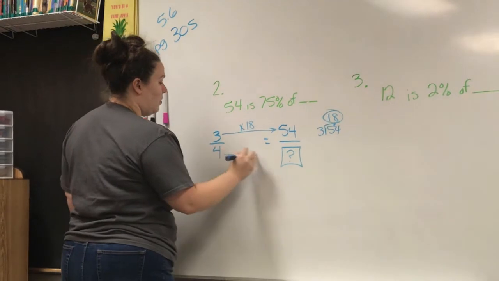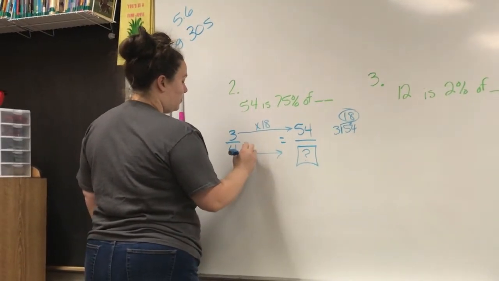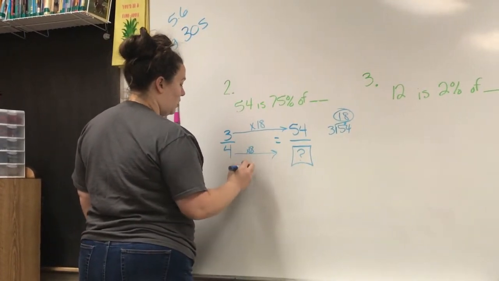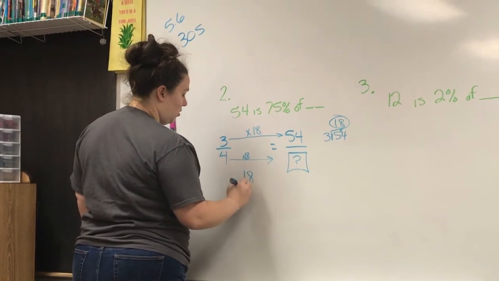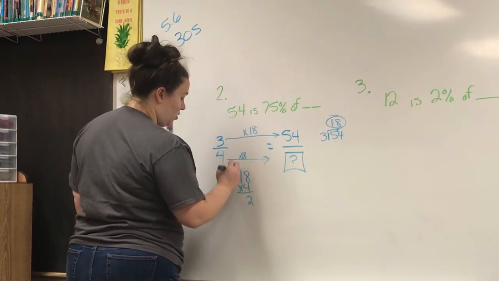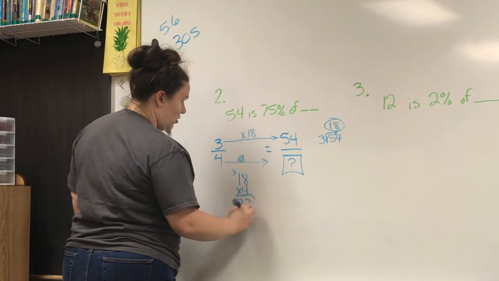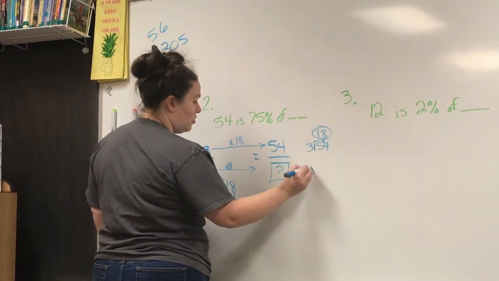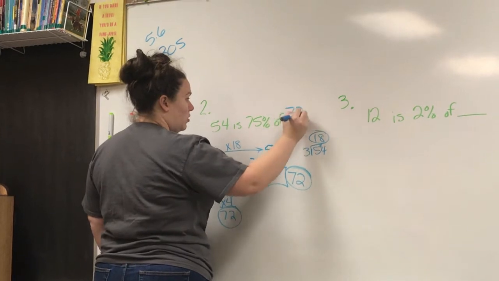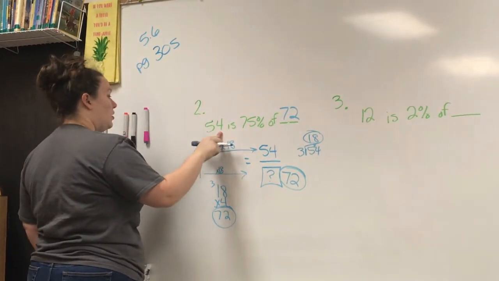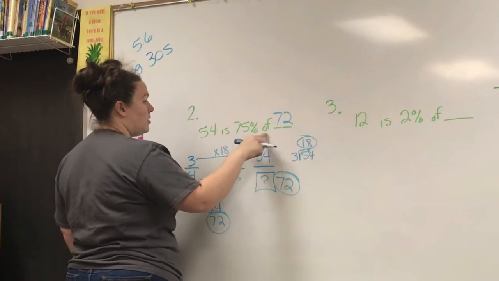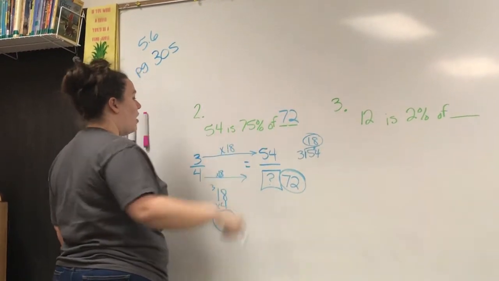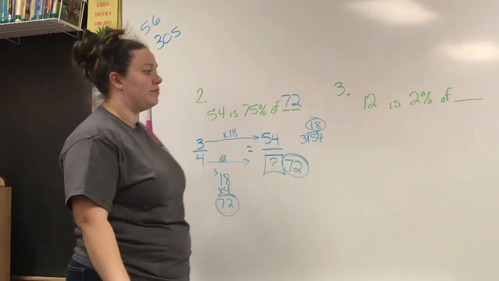I have to do the same thing over here. 18. My answer is 72. 54 is 75% of this whole number of 72.